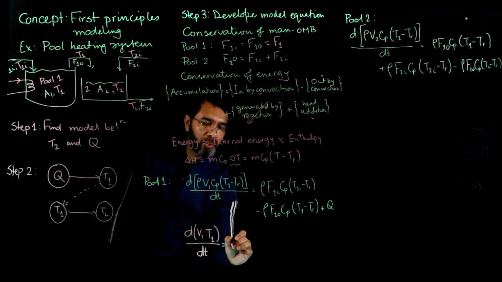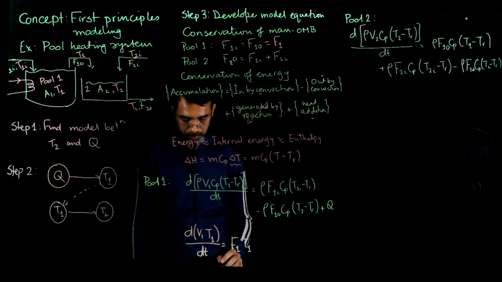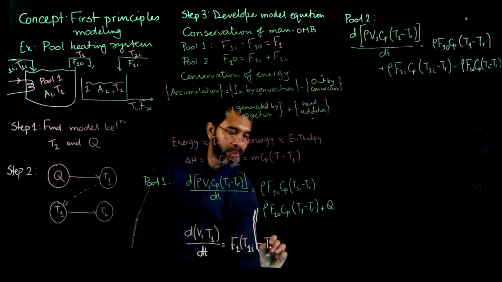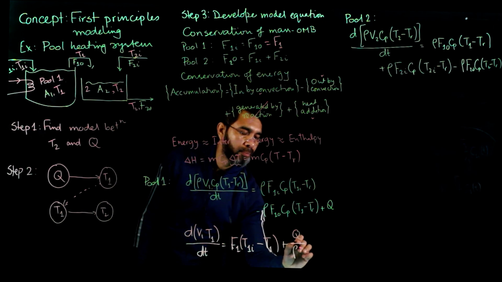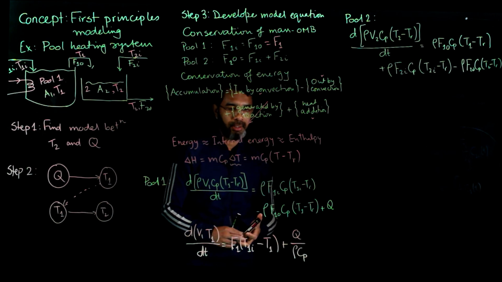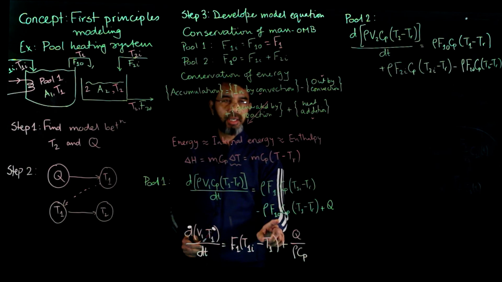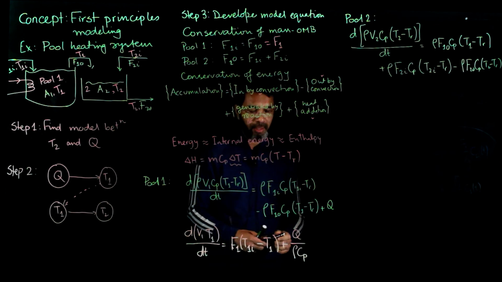We'll have F1 (T1i minus T1), because F1i and F1o are the same as F1. So these Tr terms will cancel out. We'll have F1 (T1i minus T1) plus Q over rho Cp.